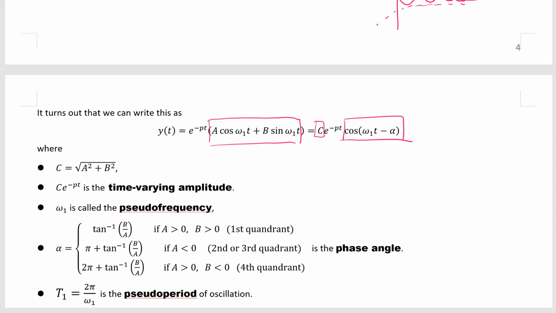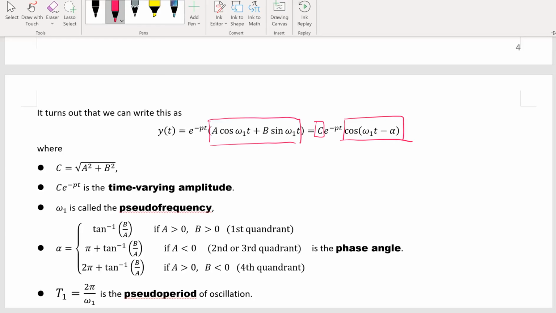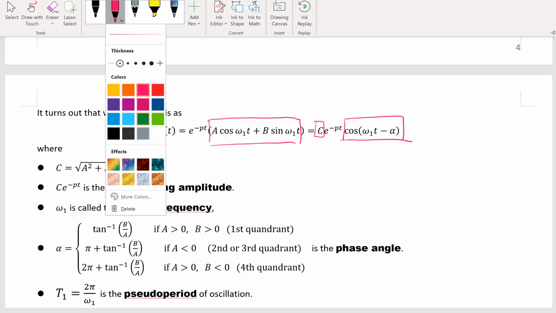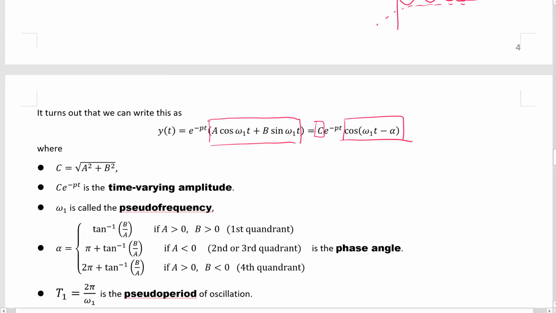C is the square root of a squared plus b squared. But now our amplitude is not only c, but also c times e to the minus p t. So this together is the time varying amplitude. Time varying because it's a function of t. It's not a constant anymore. Unlike the free undamped motion, where we have a constant amplitude, here with the damping force, we have a time varying amplitude.